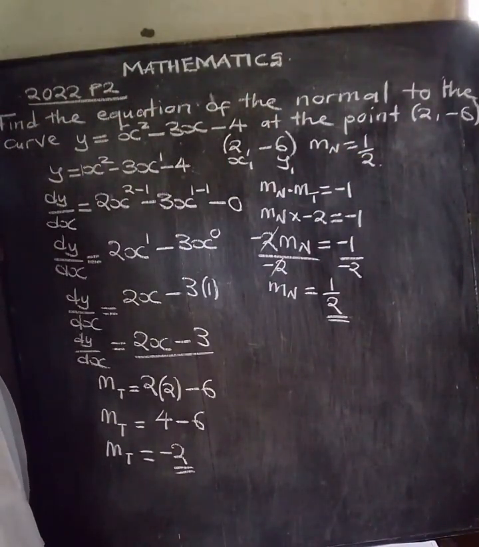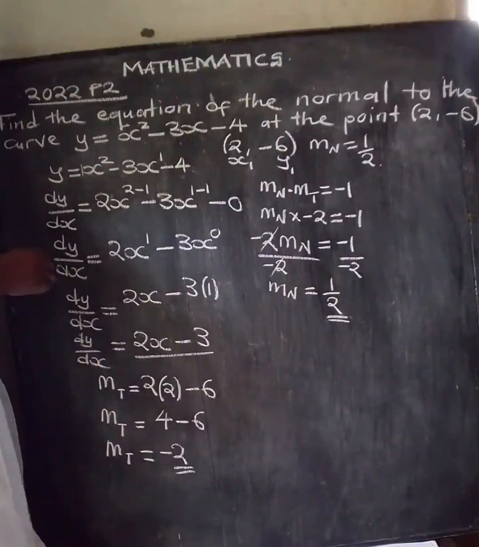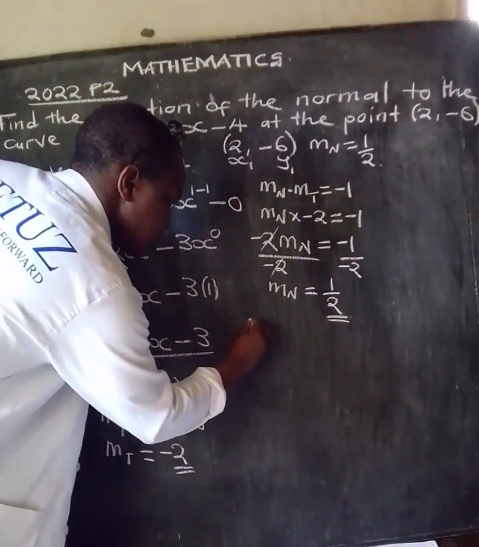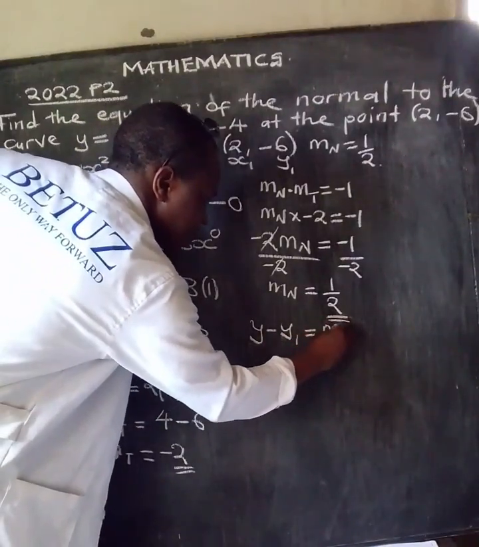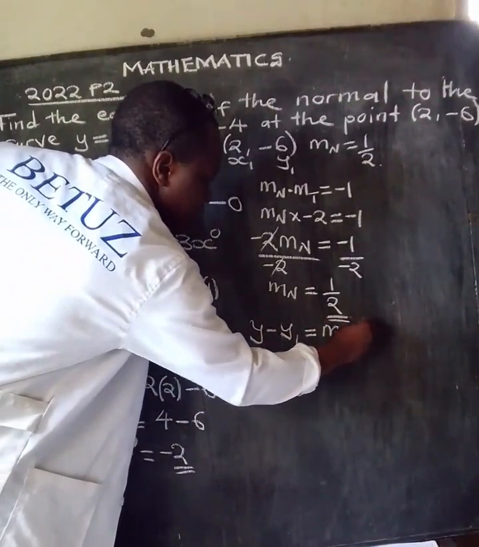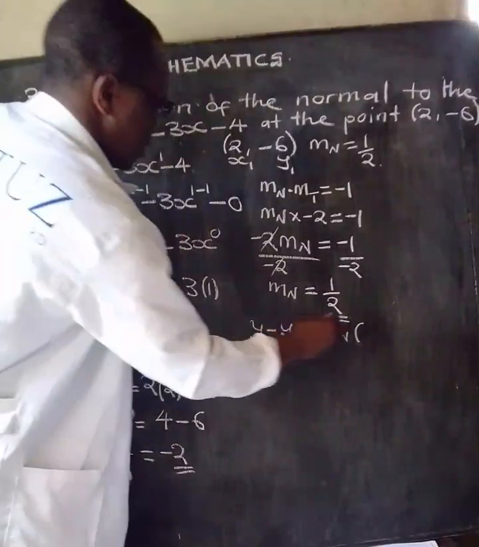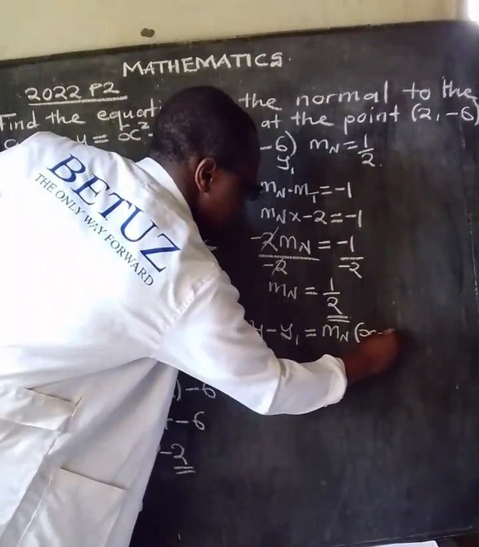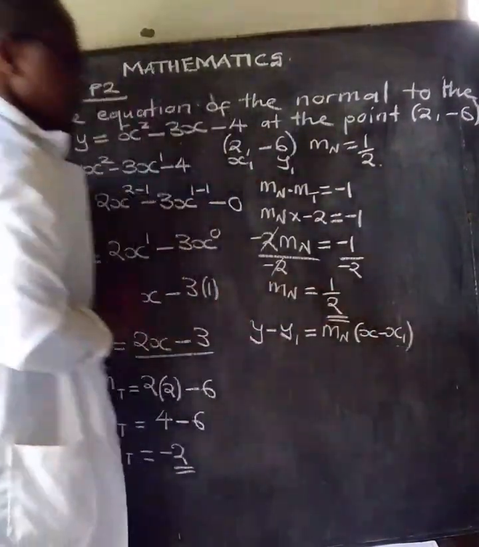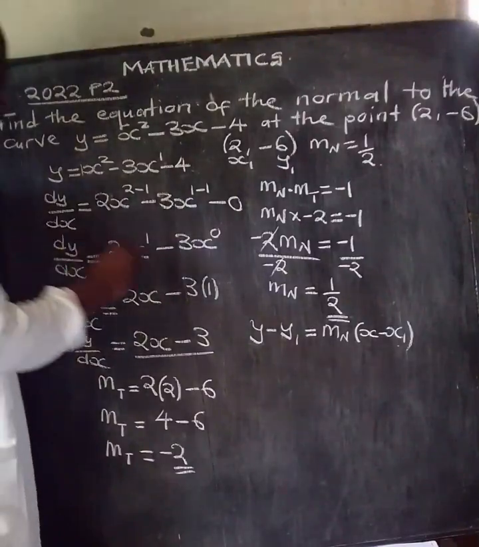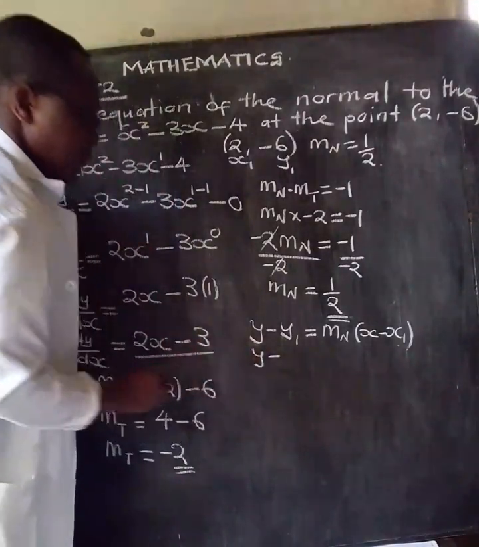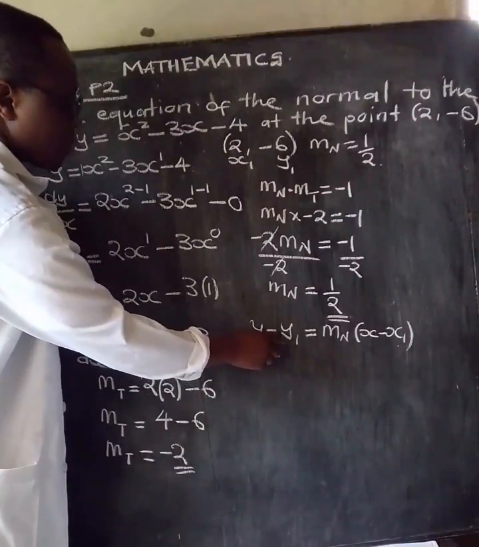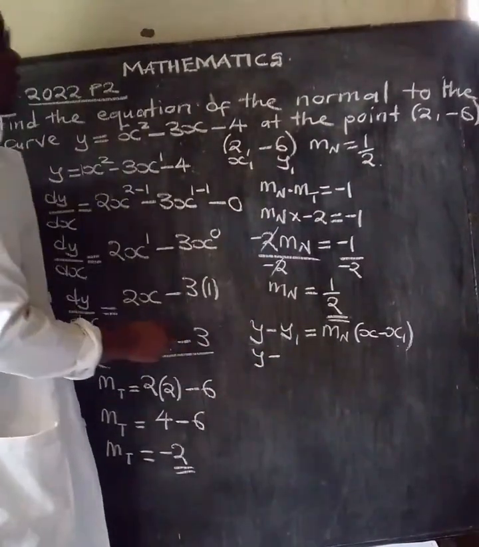Now here what we're going to do is find the equation of the normal using this equation: y minus y1 is equal to gradient of the normal, in this case open brackets, x minus x1. So we maintain y as part of the equation, minus what is y1? y1 is negative 6.